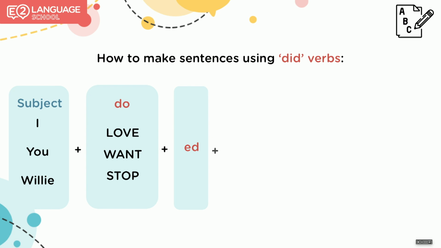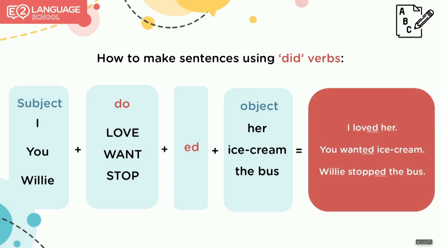So love becomes loved, want becomes wanted, and stop becomes stopped. Then we need an object like her or ice cream or the bus. So our sentence says I loved her, or you wanted ice cream, or Willie stopped the bus, with a subject, a did verb, and an object, right?